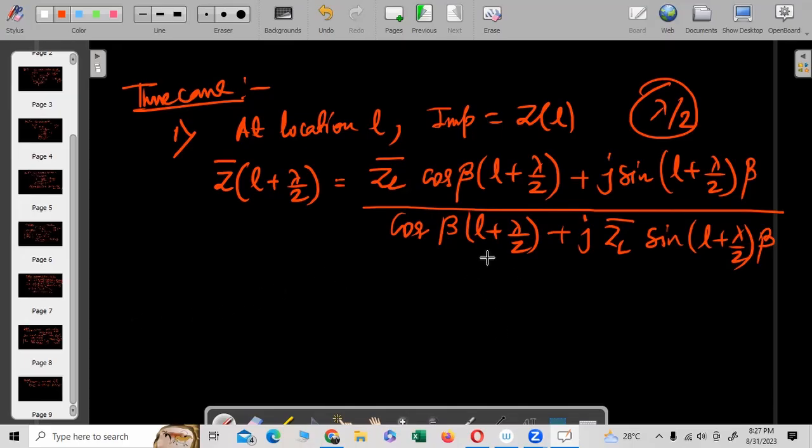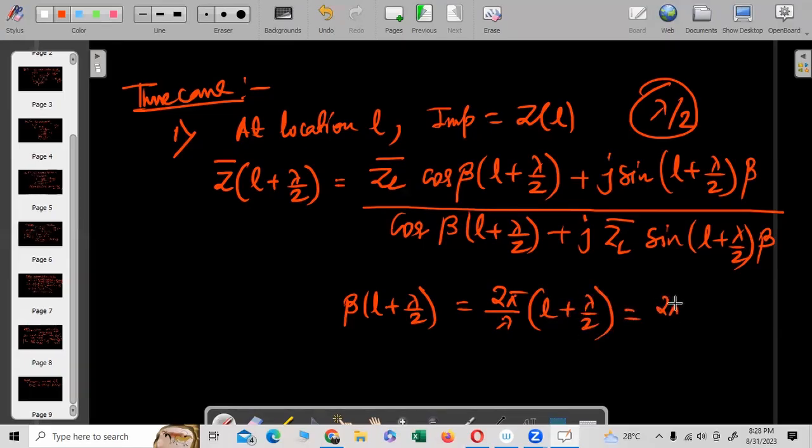Now, what is the meaning of this one? Beta into L plus lambda by 2. Beta is what? 2 pi by lambda. You simplify L plus lambda by 2. What is it coming to? 2 pi L by lambda plus, here lambda cancels, this is pi.